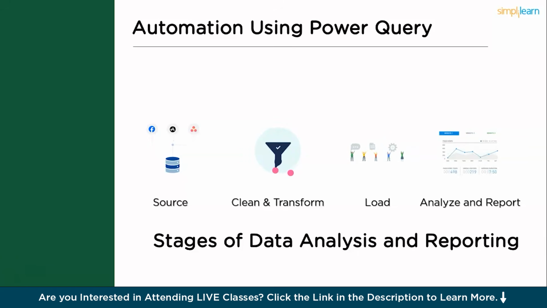Followed by that, we have the next stage, which is either combine or directly load. So if you have data in different sources, like a part of the data in CSV and another part of the data in cloud, then you can integrate the data from multiple sources to create a unique view. Just imagine if you have all the data in one source, let's say a CSV file, then you can directly clean and transform and proceed with loading the data to an analytics platform like Tableau or Power BI.